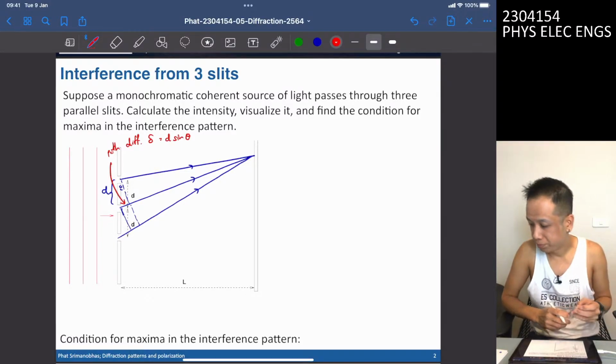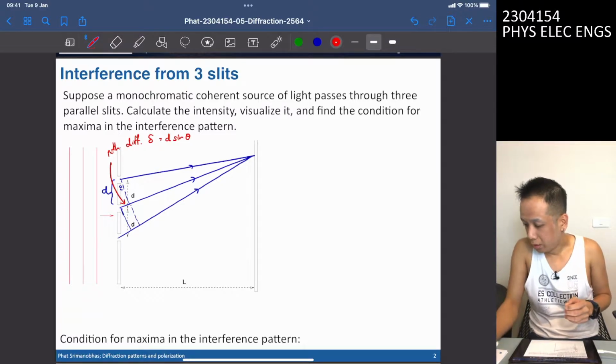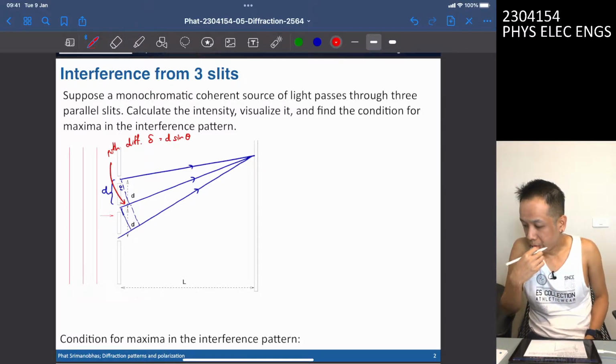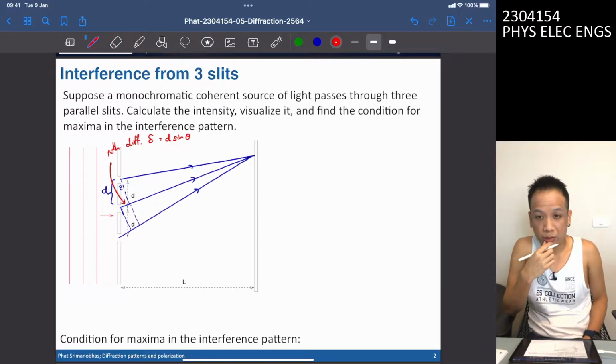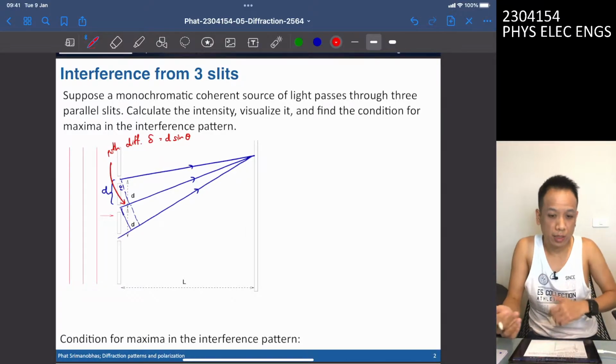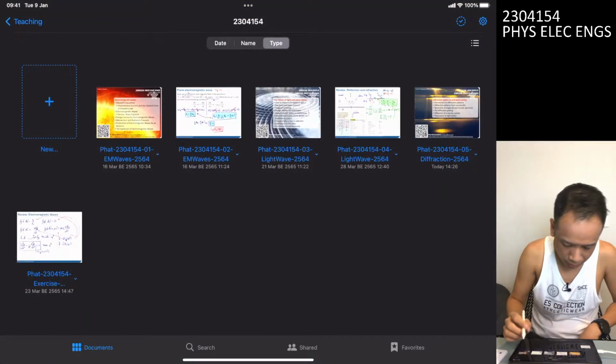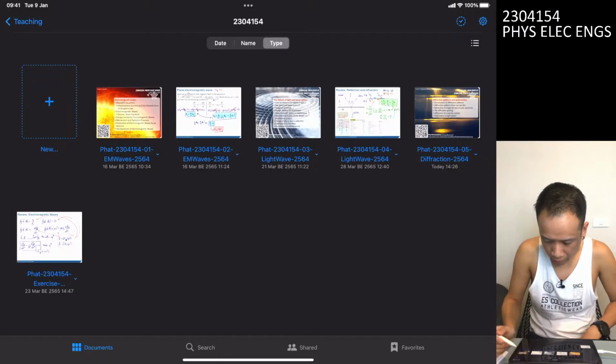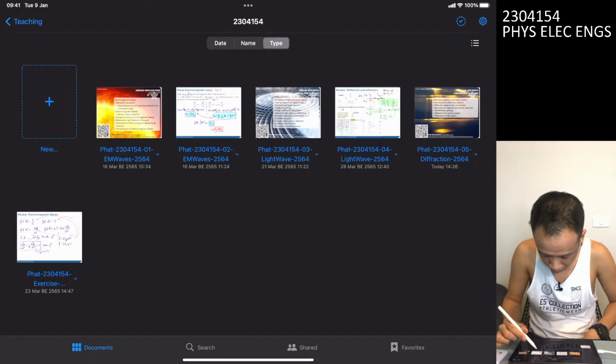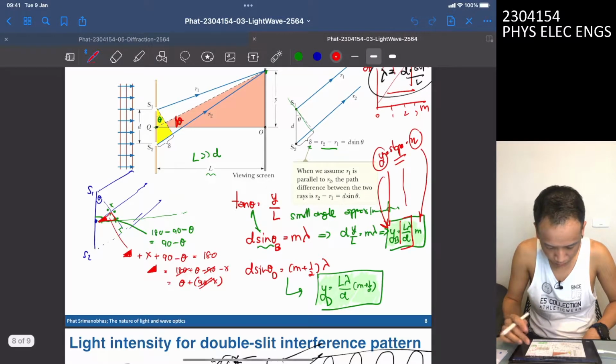When we would like to calculate intensities, it's going to be the same way as what we did before. Let's see what we did before. It should be in one of the lectures, maybe this one.